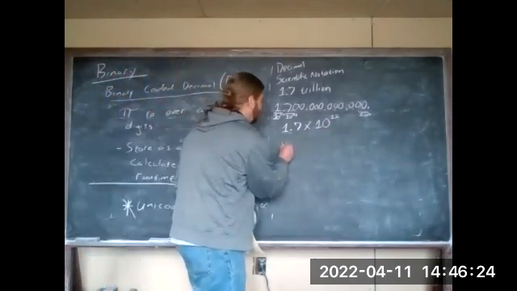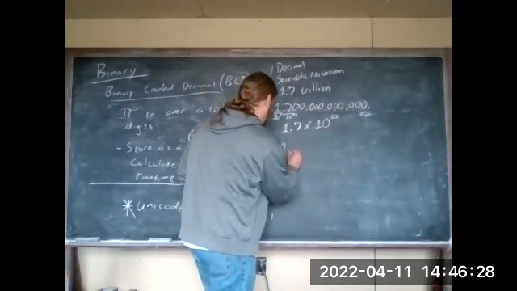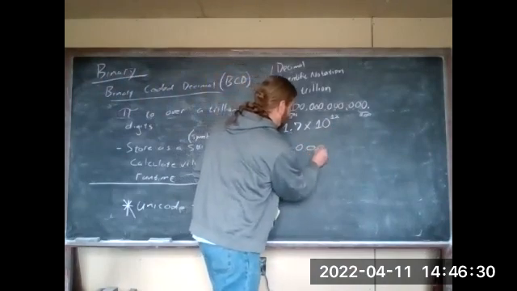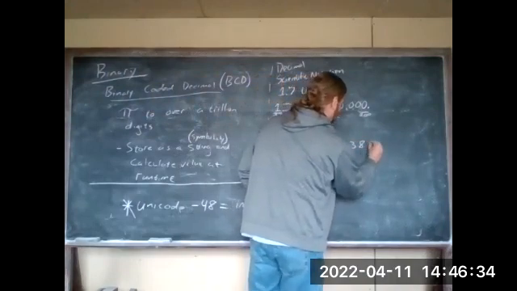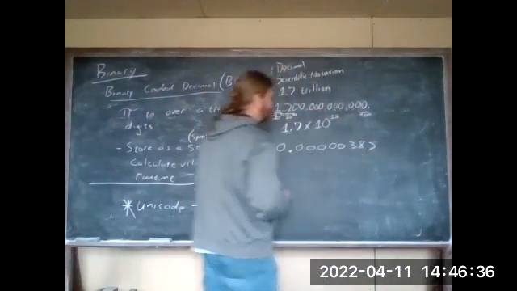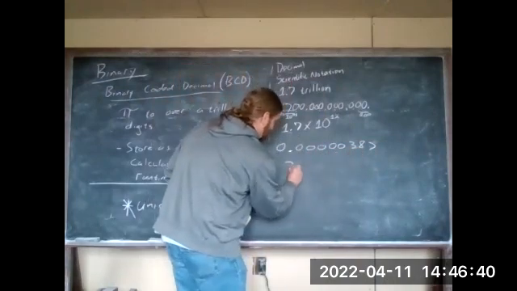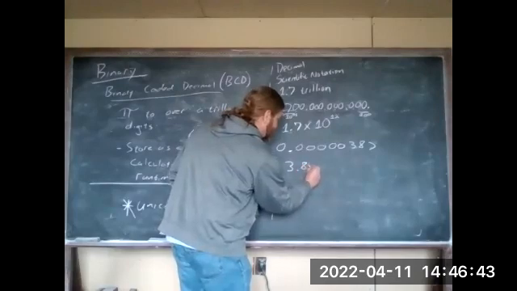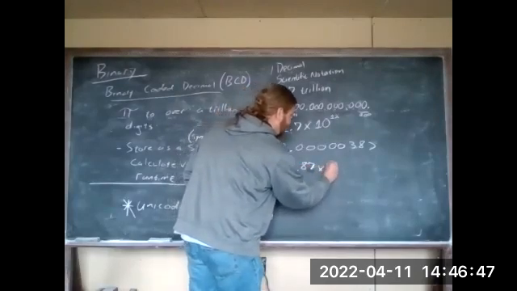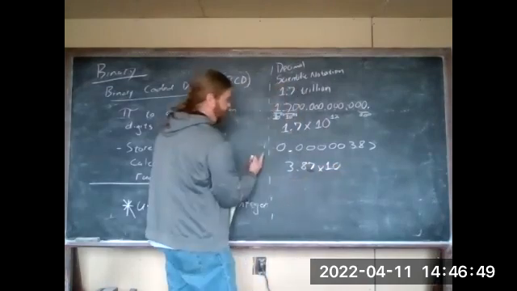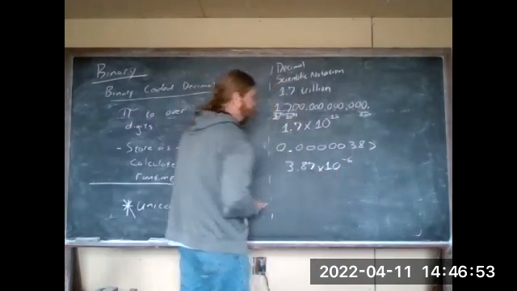Or same thing for really small numbers. So if we had 0.1, 2, 3, 4, 5, 6, 7. So 6 spots over. We want to write our digits down. 8, 7 times 10 to the, well, we have to move our decimal over 6 spots.